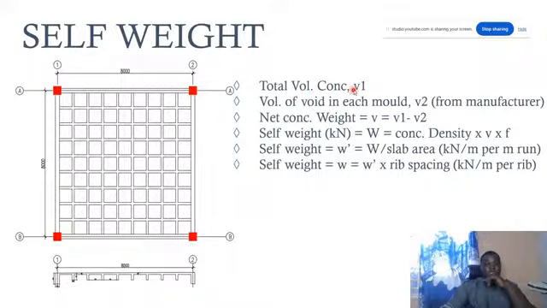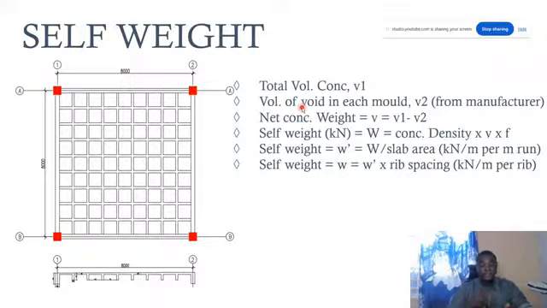Once you get the total volume, you then calculate the volume of void in each mold. I told you waffle slab is usually constructed using molds. In the previous slides in this live session, I've shown you some pictures of those molds.